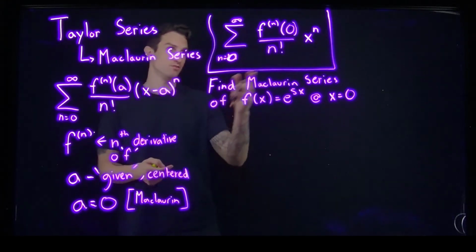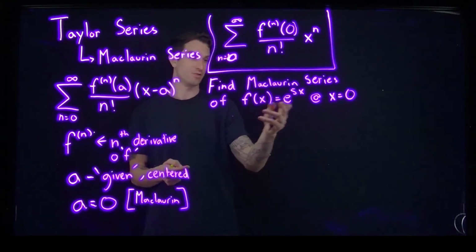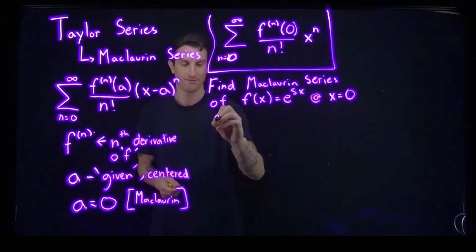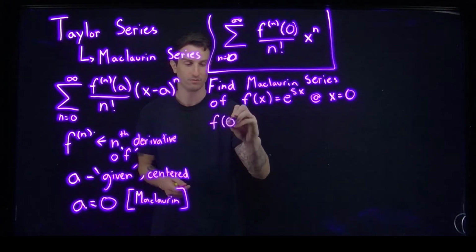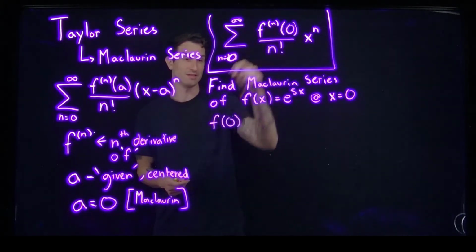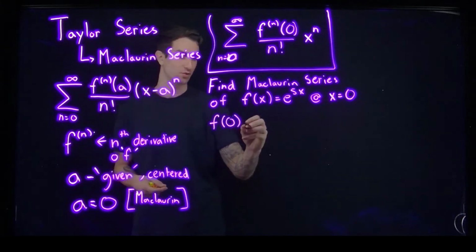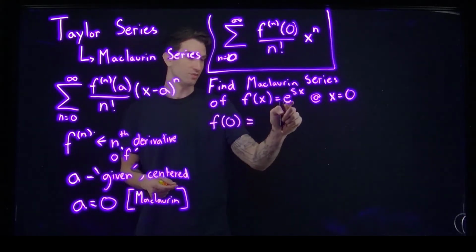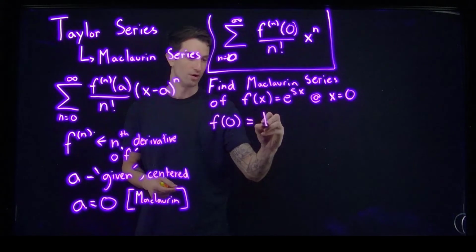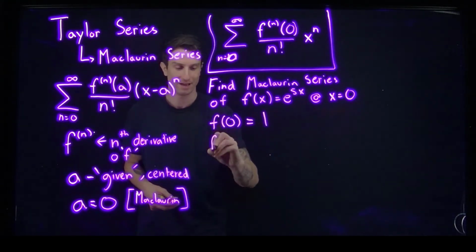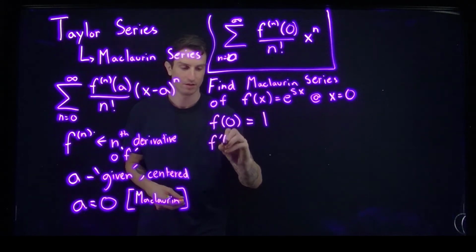So imagine if we just plug in 0 to this function. So let's say f of 0. Because when we plug in 0, this is the 0th derivative. We haven't taken the derivative. What do we get? Well, this will be e to the 0, which is 1. Okay, what about f prime of 0?